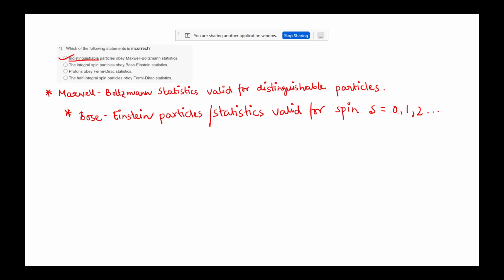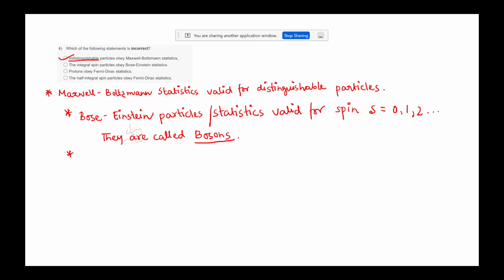We can also say those particles which have integral spins are Bose-Einstein particles, and they are called bosons. So that is not incorrect, that is correct.